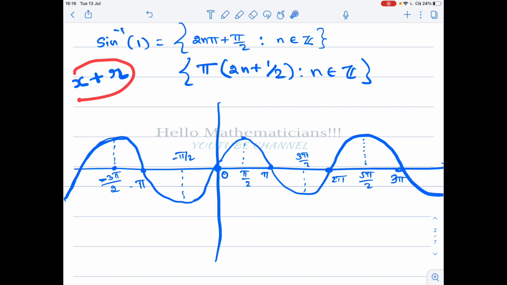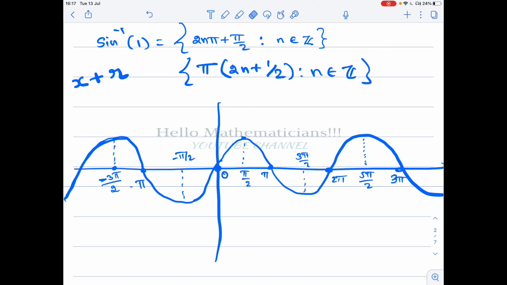Suppose the sum is algebraic. We know that R is algebraic and X plus R is algebraic. Their difference will give you X, so X will be algebraic. That is not true, X is transcendental. Therefore, an algebraic number plus a transcendental number will always be transcendental.